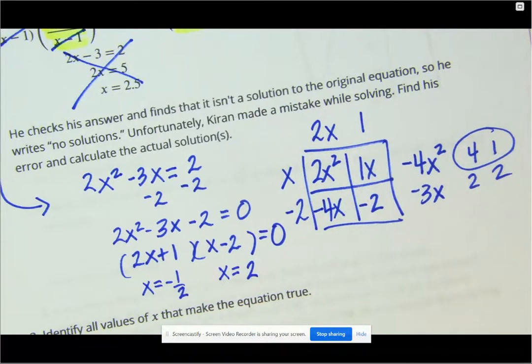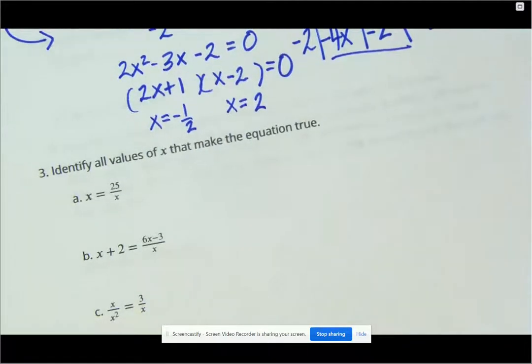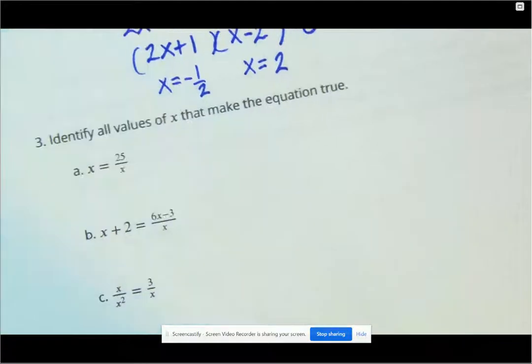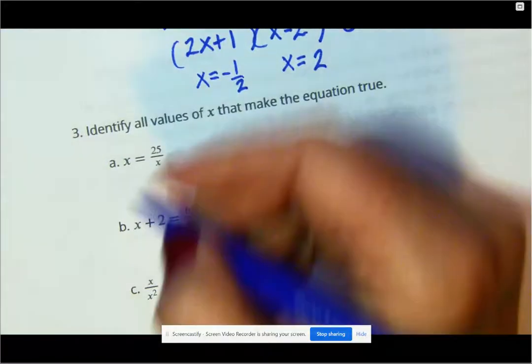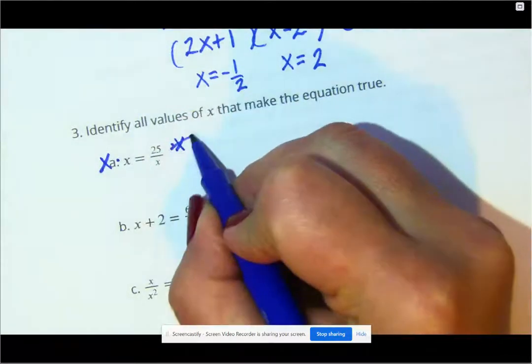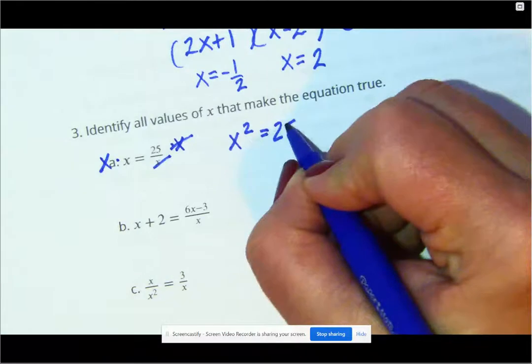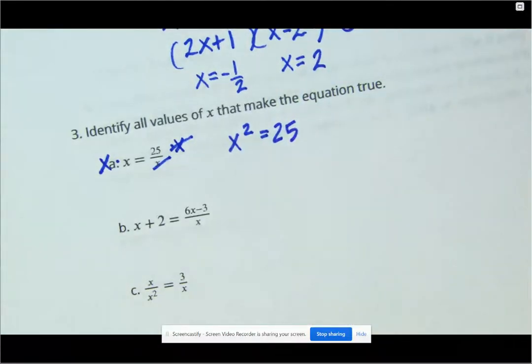All right. Moving on. Number 3, we've got a bunch of rational equations to solve. Again, what's the strategy? Clear the denominator. I'm going to multiply by x. That cancels. X times x is x squared equals 25. Now, this is a quadratic, but it only has x squared in it. So you could bring the 25 over and factor it, but I would encourage being more efficient.